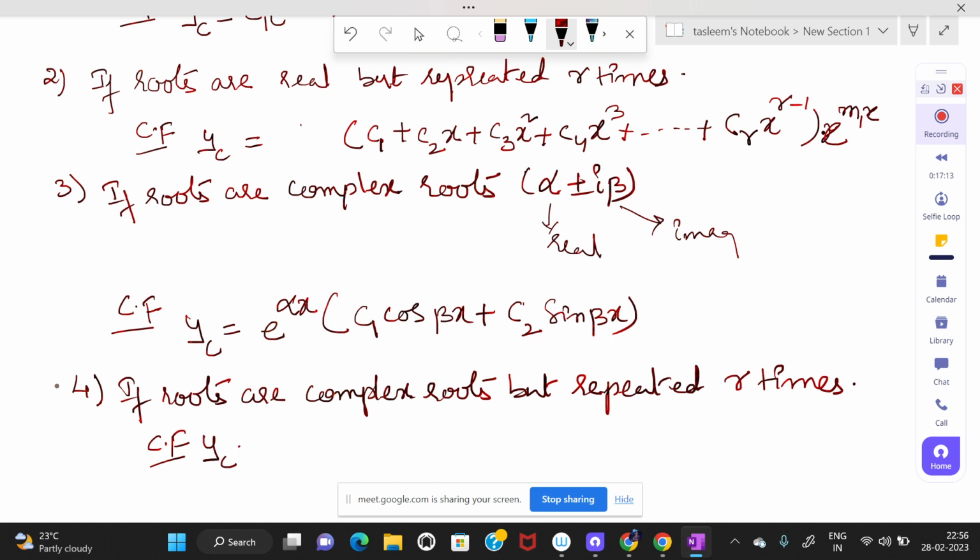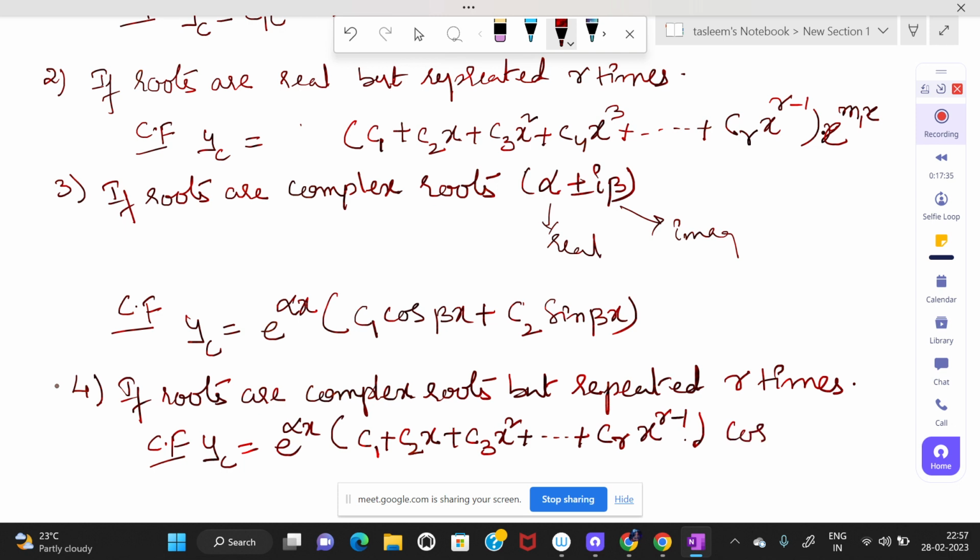Y suffix c is equal to e to the power of alpha x into c1 plus c2x plus c3x square, and so on, cr x to the power of r minus 1, into cos beta x.